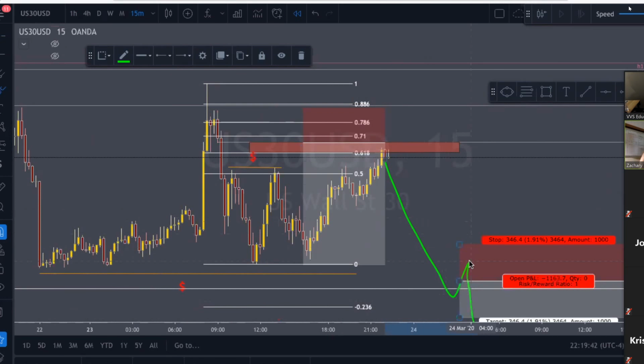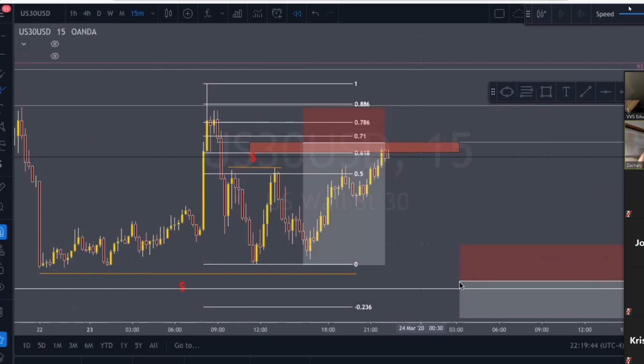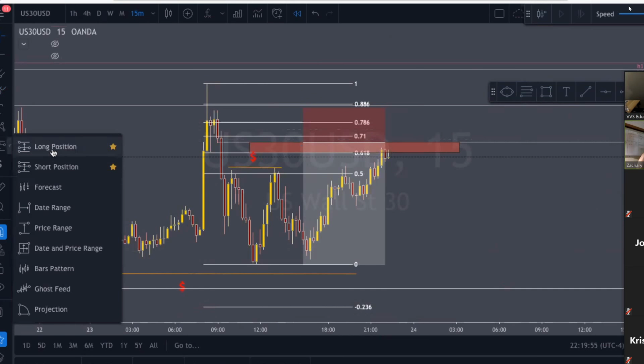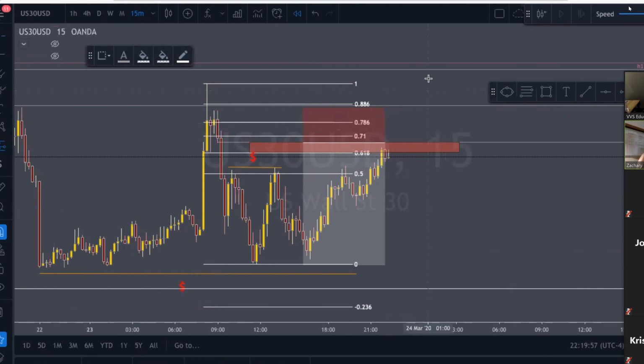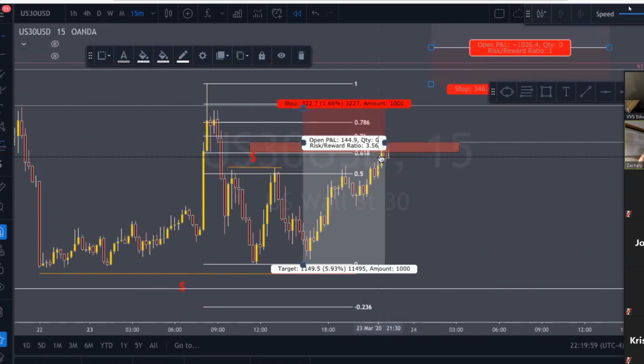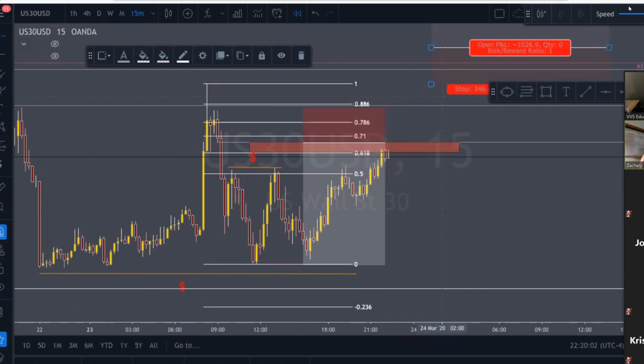As soon as price goes to this level, automatically enter the trade and trade that direction. And lastly, the buy stop would be priced at a level above where price currently is. Say I said, as soon as price gets up here, enter a trade and trade it in that direction.